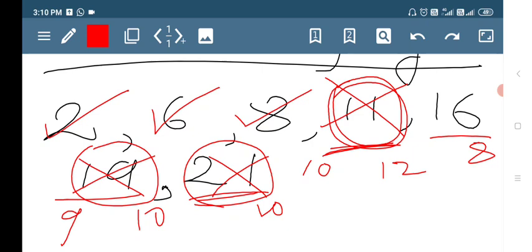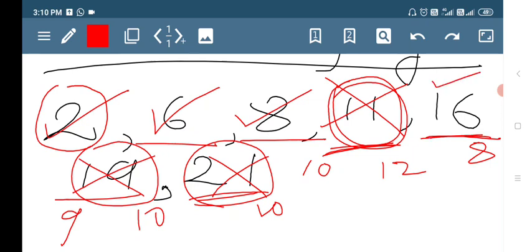So by observing here, what can you conclude? See, 2 is even, 6 is even, 8 is even, 16 is even. The numbers which are divisible by 2 are even. The numbers which are not divisible by 2 are odd.